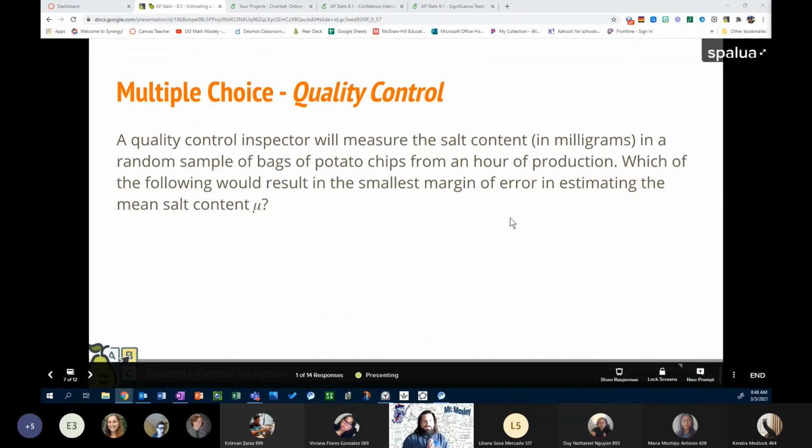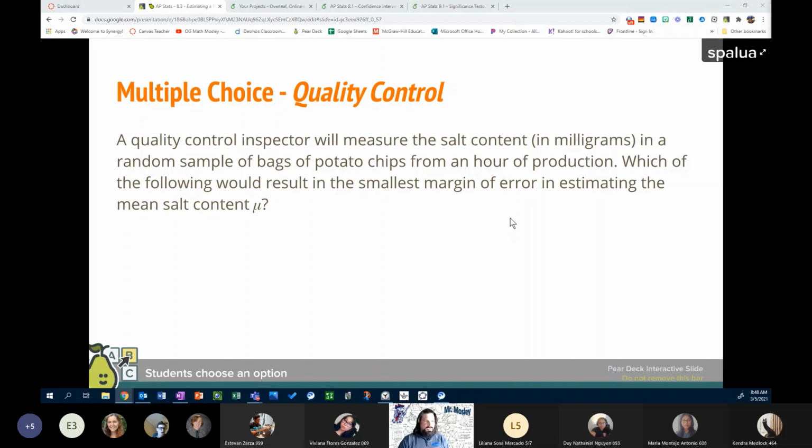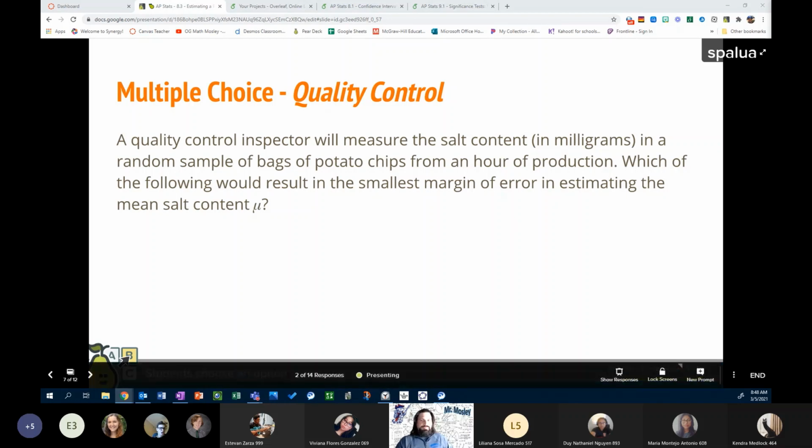Next question. Quality control. A quality control inspector will measure the salt content in milligrams in a random sample of bags of potato chips from an hour of production. Which of the following would result in the smallest margin of error in estimating the mean salt content mu? Alrighty.